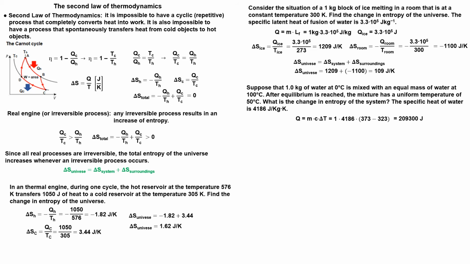The gain in entropy of the cold water is the following. The loss of entropy by the warm water is the following. We now sum these contributions to obtain the entropy change of the universe.